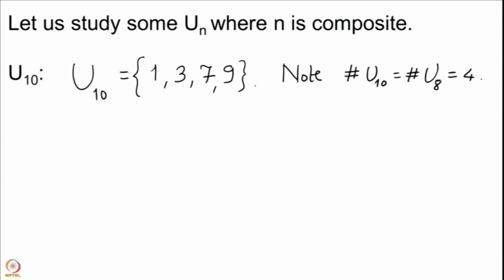This is one small observation, because of course we have that phi 10 is equal to phi 8, which is equal to 4. And here now let us try to compute orders of 3.